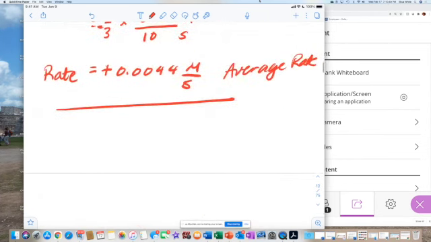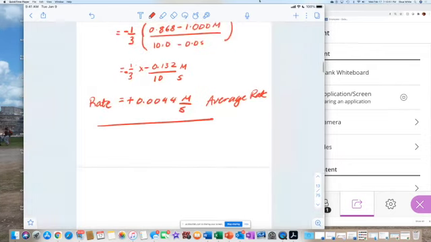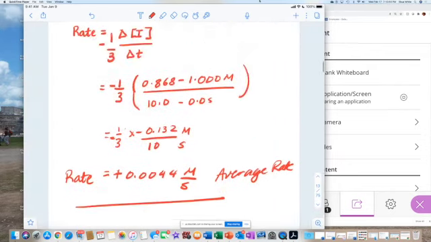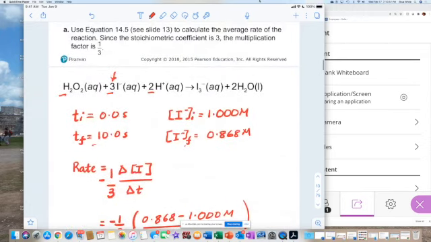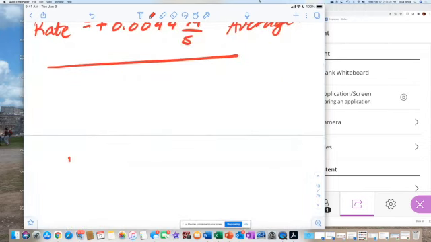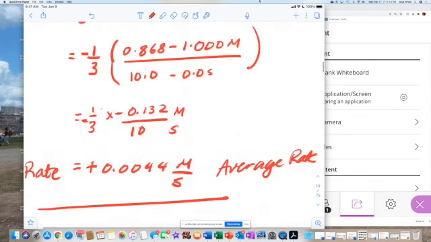Here's the thing. I told you before, you can figure out the rate with any of those reactants, right? So we know from our balanced equation, what is the coefficient on H? It's going to be 2, okay? The same rate we just figured out is equal to negative, since H plus is a reactant, 1 over 2 times delta H concentration over change in time, okay?